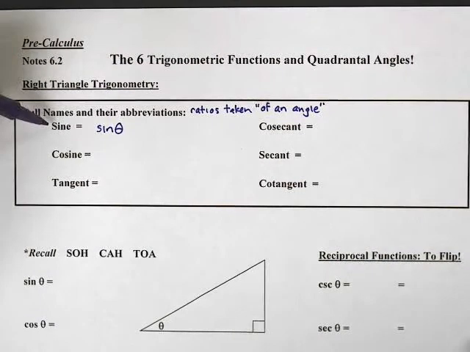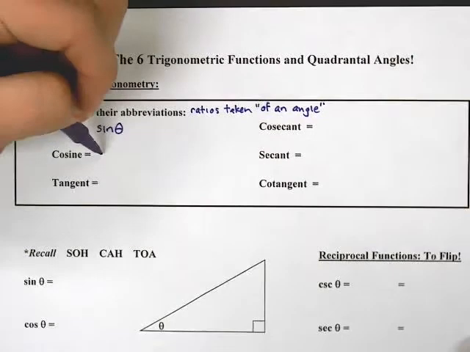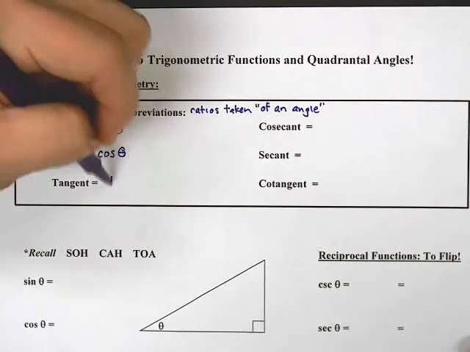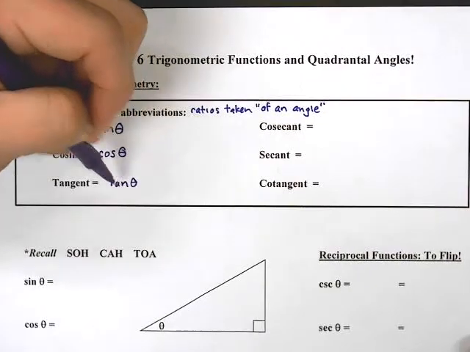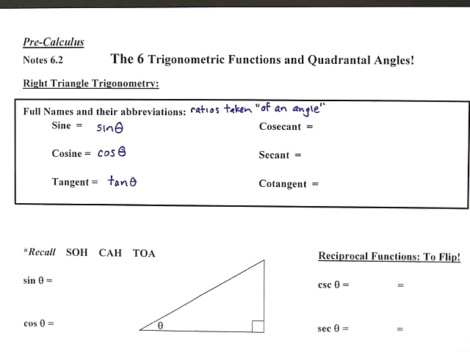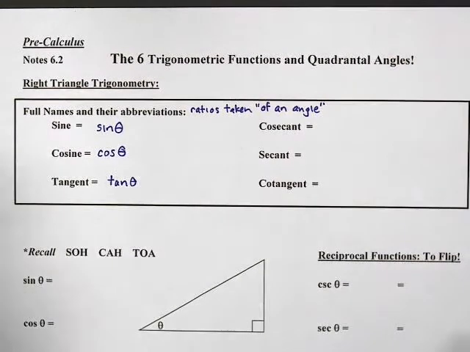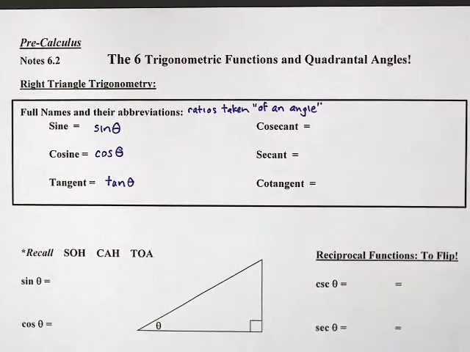Alright, so moving right along, we know that sine is abbreviated as sin, cosine is cos, and tangent, probably the easiest one, is just tan, T-A-N, tangent theta. The three on the other side are a little less familiar. I don't want to necessarily say they're tougher to work with.